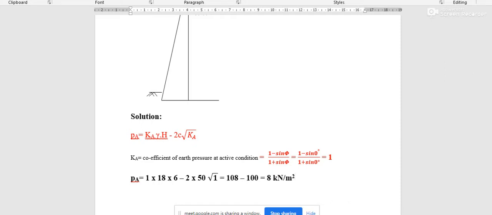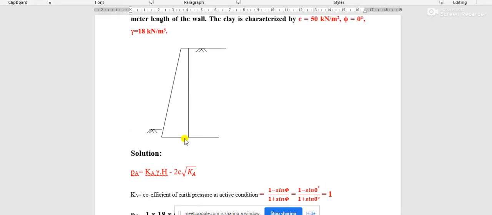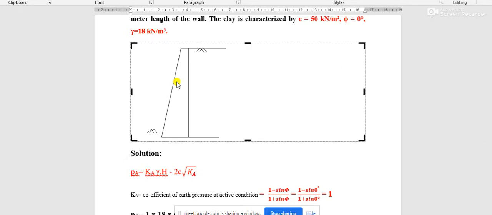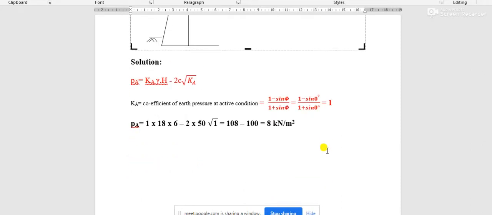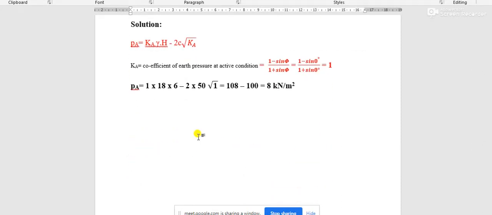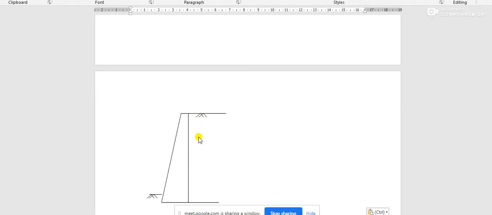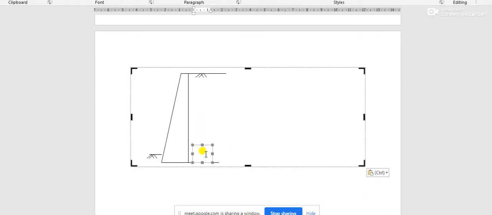This is the value of the earth pressure at the base of the wall. I am writing down the value, 8 kilonewton per meter square.